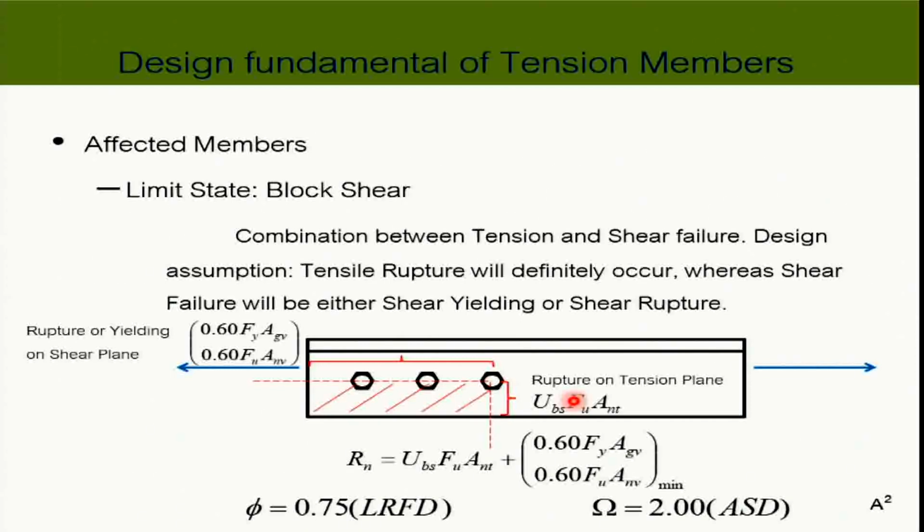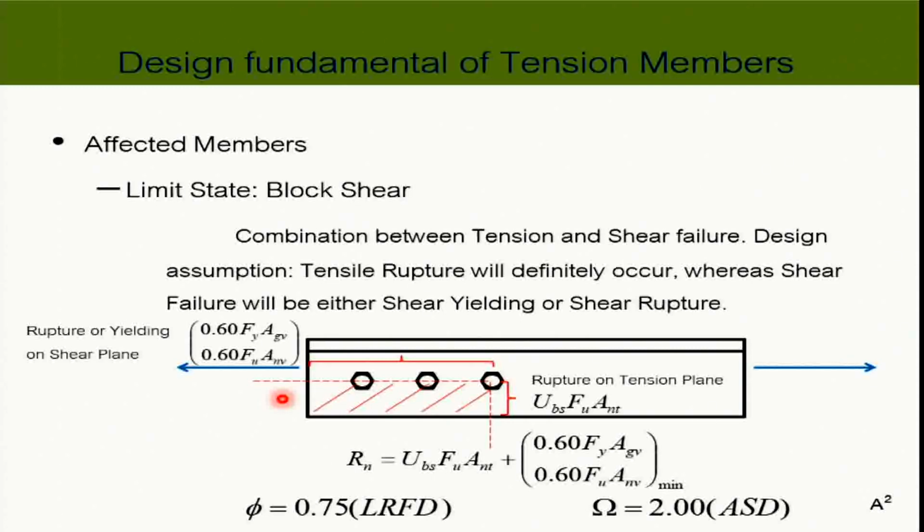Okay, it's one possible failure mode, and ladies and gentlemen, this can truly occur, especially when you have either a very short connection or a very thin connection. When this plate, the leg of the angle is so thin, block shear may occur before tensile yielding or tensile rupture.